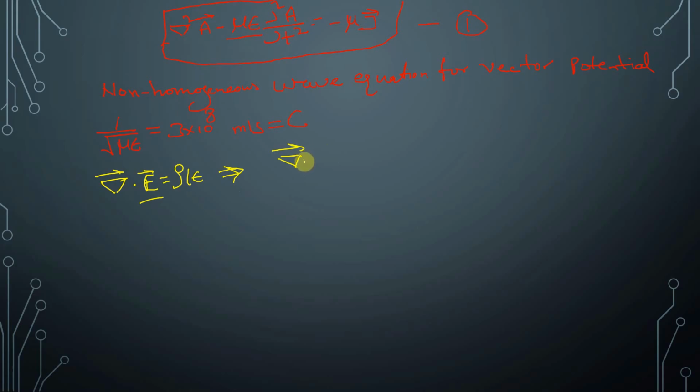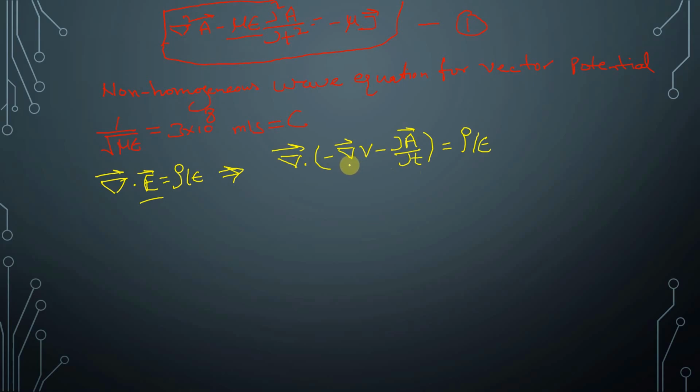So del dot, what was that value? Minus del V minus curl A upon curl T. That was the value. That is equal to rho by epsilon.